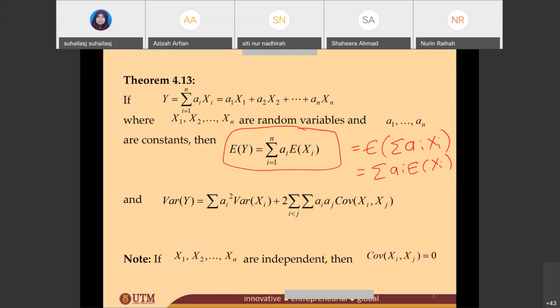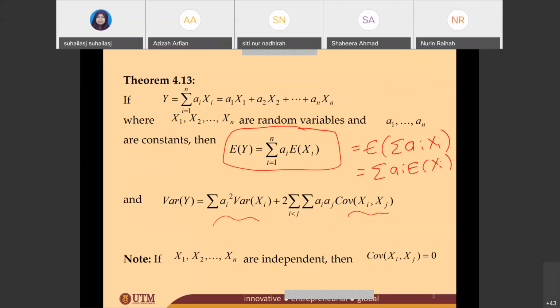Kalau kita ada variance Y, variance summation ai Xi, you will have summation ai square variance Xi, plus 2 double summation ai aj covariance Xi, Xj. Itu kalau kita ada multiple variable.